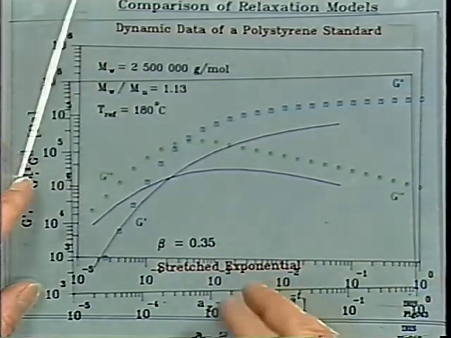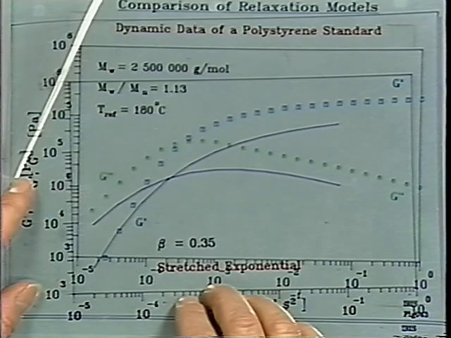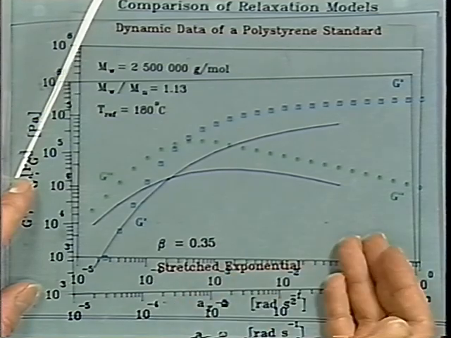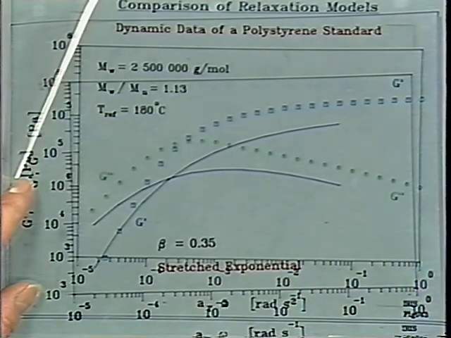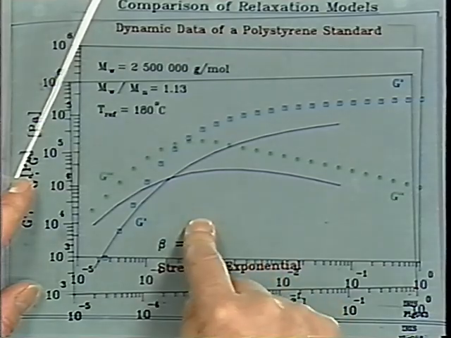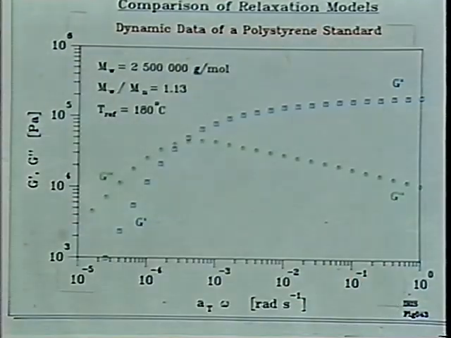It just tells us that the Kohlrausch mode is not able to describe the entanglement and flow region of a polymer melt. So any physics which will result in that type of spectrum is not realistic. And some people derive physics like that and talk about the mode coupling and very complicated systems.